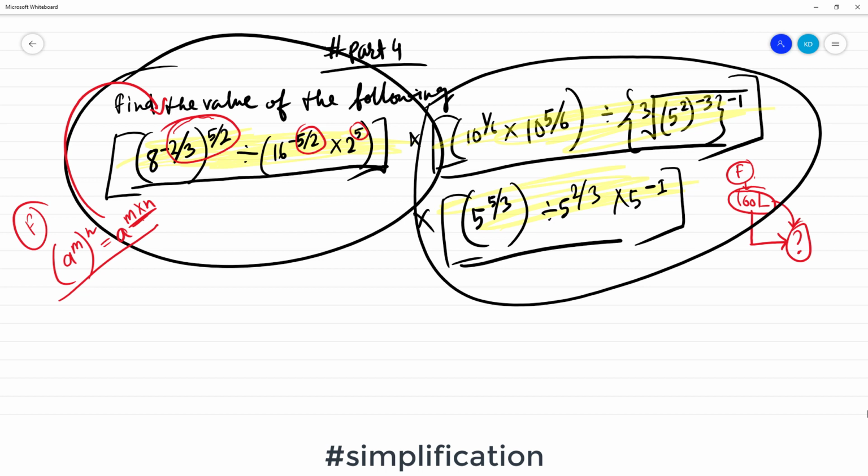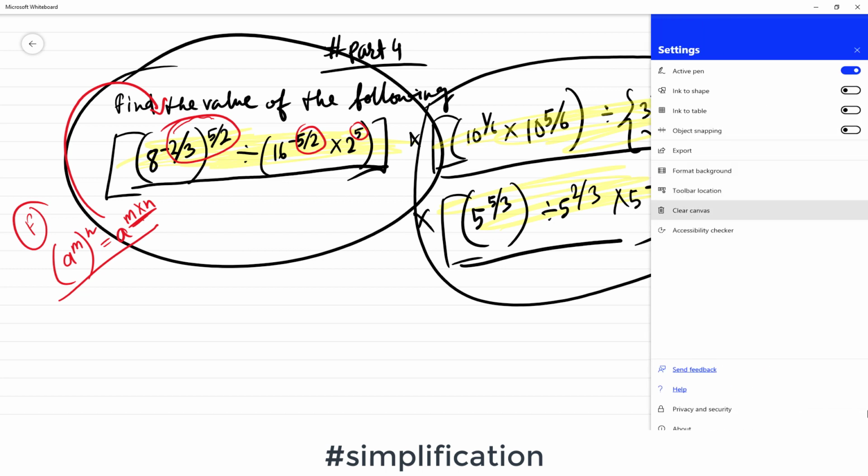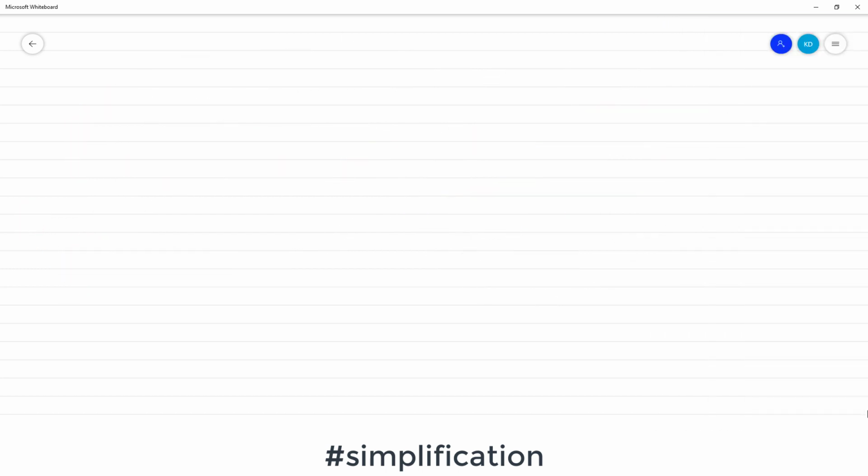That will be very helpful for us. So I'm going to clear this canvas here. Let's start with the first term. So this is our first term.